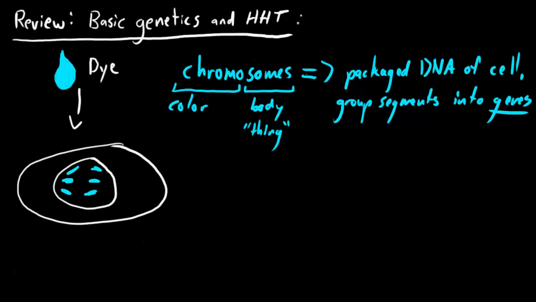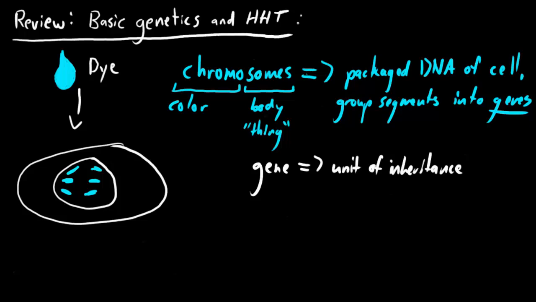So what is a gene? Well, there are different definitions for gene, but one way of thinking about a gene is that it's a unit of inheritance. This is what can be passed down from generation to generation.